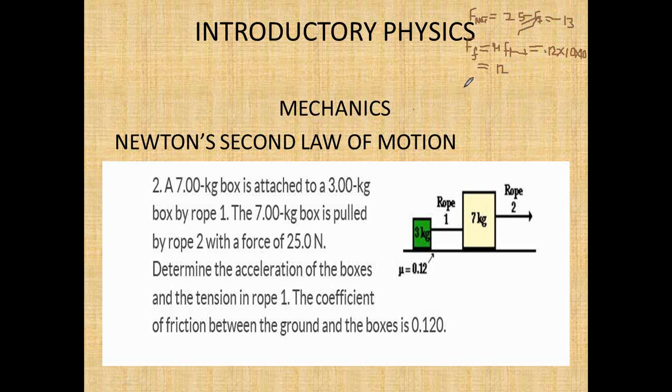Remember, the net force is what's going to give you acceleration. So for the acceleration of the system, from Newton's second law, net force is equal to the mass times acceleration. The mass is 10, the acceleration we don't know. That's what we're calculating.